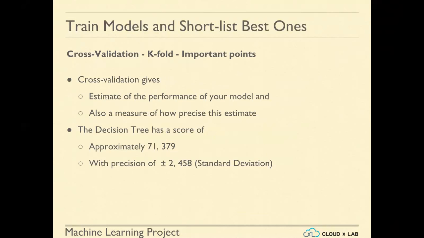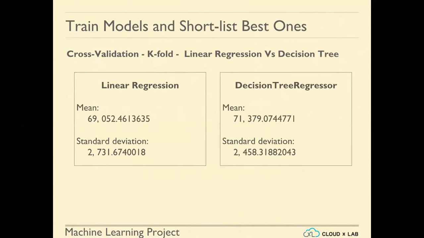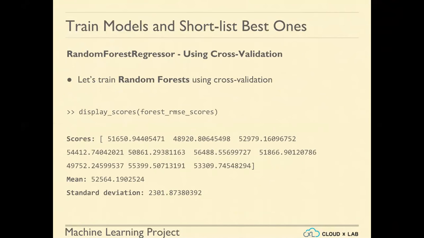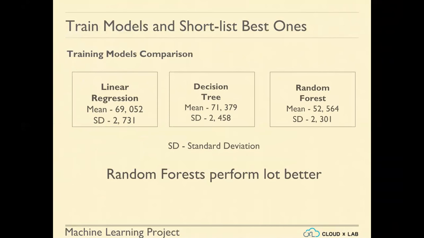We learned cross-validation, and we also learned that random forest is performing better than decision tree or linear regression. We also learned a few more things that we are going to talk about.